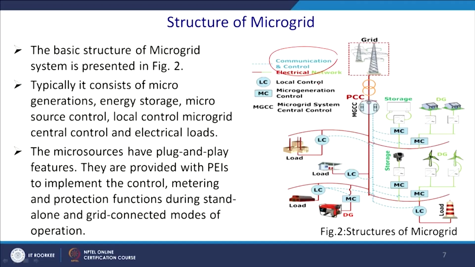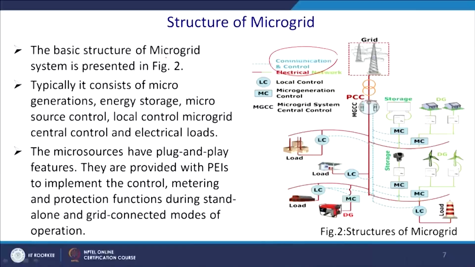MC is a micro generation control, and MGCC is the microgrid system central control. So, you have different hierarchical controls for smooth operation of this microgrid. The basic structure of the microgrid system is presented in this figure, figure 2.